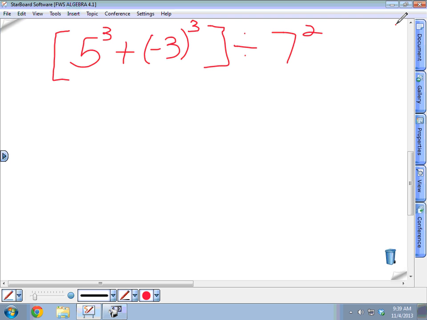You've got to write it down. You're not going to get it if you don't write it down. I promise. I don't think anyone can do this in their head. Even I would have to write this down. Five cubed plus negative 3 cubed divided by 7 squared. You working it out, Felix? Hang on, we're going to let Shay do it first, and then you'll all have the opportunity to tell me your choices.